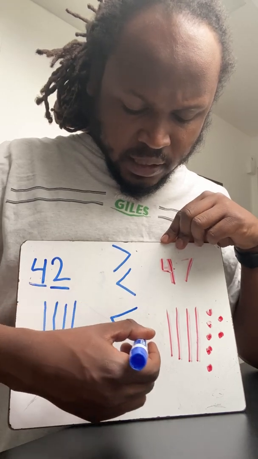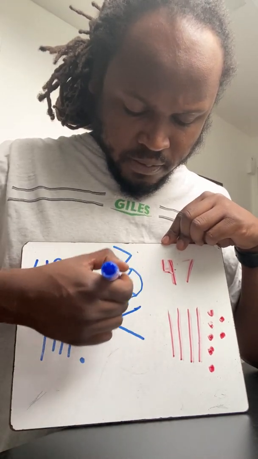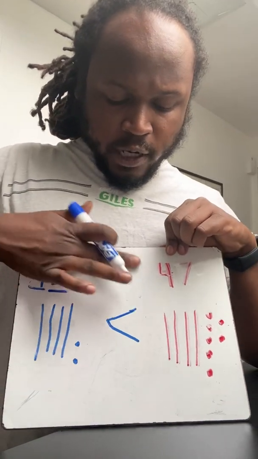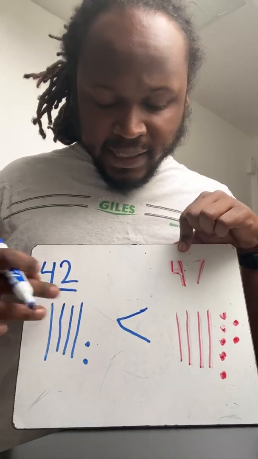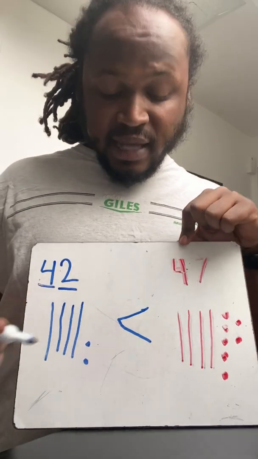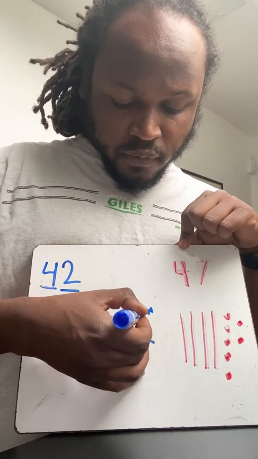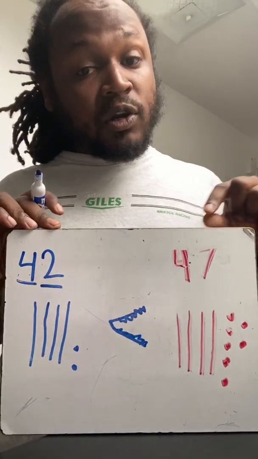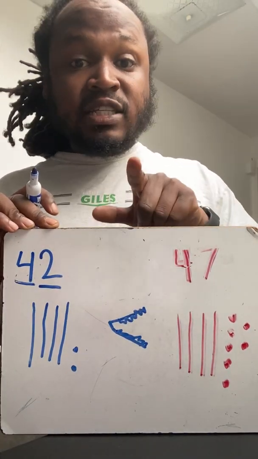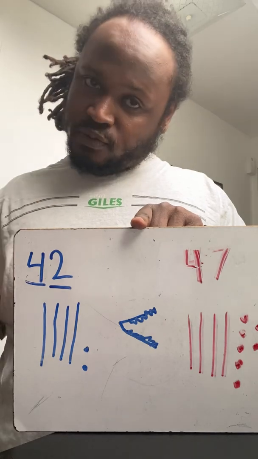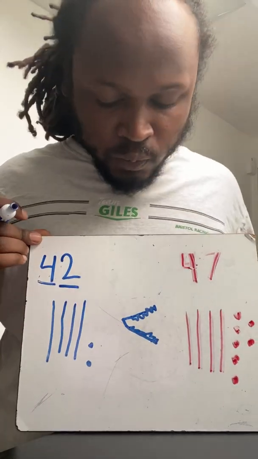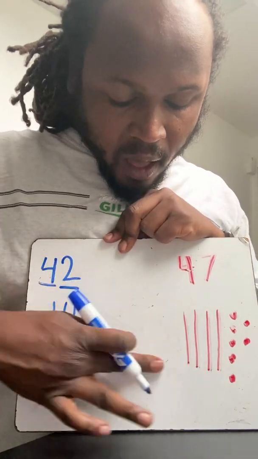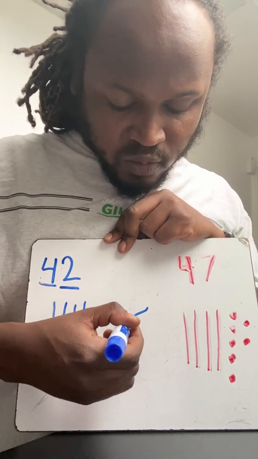This is the correct answer. All right. 42 is less than 47. Right? If you're going to read this backwards, you could say 47 is greater than 42 also. Right? So remember, if you're having trouble, really think about the sign in the middle and which way it's facing.